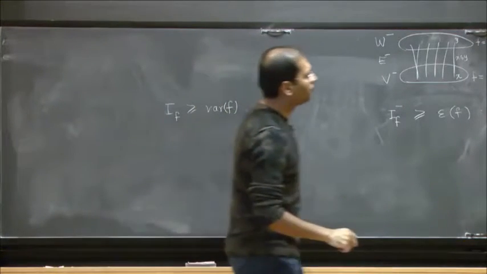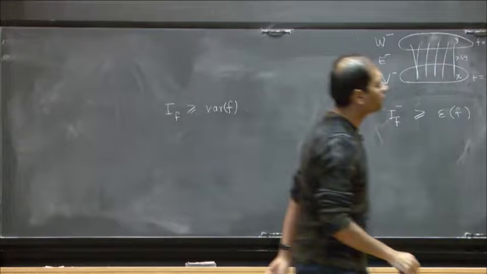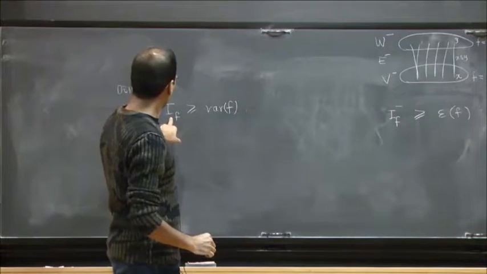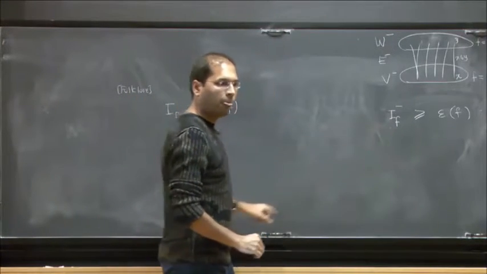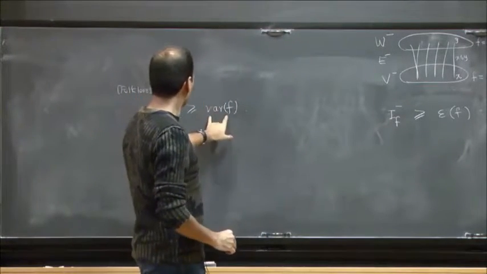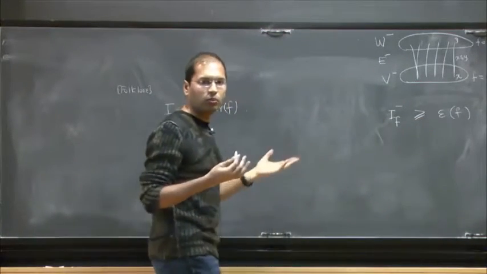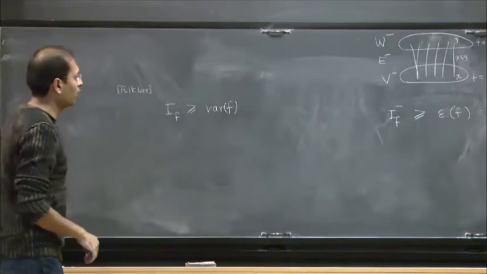So variance is simply using a simple dictionary. You just replace the total influence by the total negative influence, which looks okay, but then you replace the variance by distance to monotonicity, right? Which is not clear why you should be doing this, but let's do it.